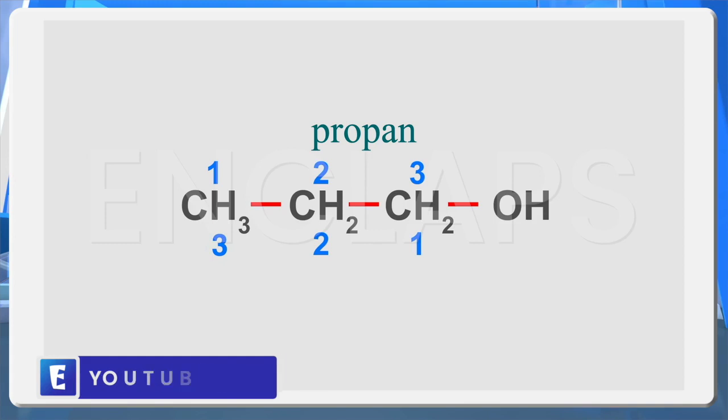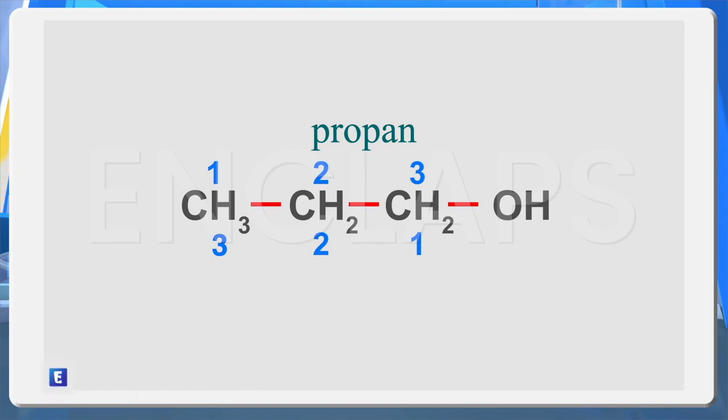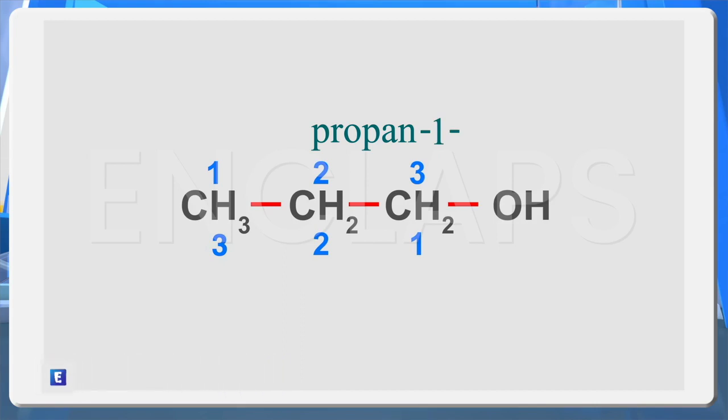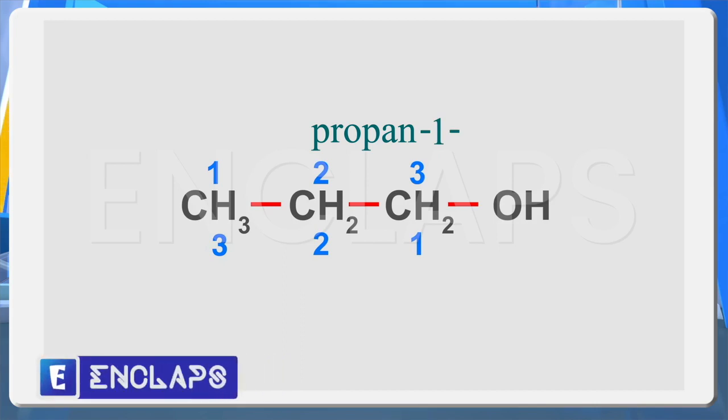We have to replace E with ol. Before that, we have to mention the position of the OH group. What is the position of the OH group? 1, right? So, propan, then put a hyphen, then the position of the OH group, that is 1, propan hyphen 1, then put a hyphen, propan hyphen 1 hyphen ol.